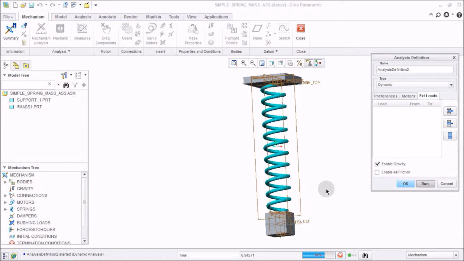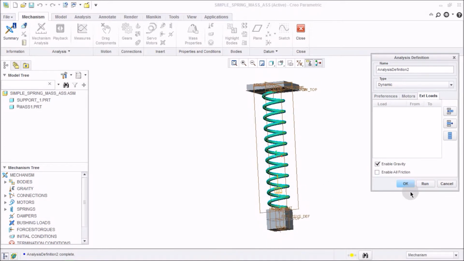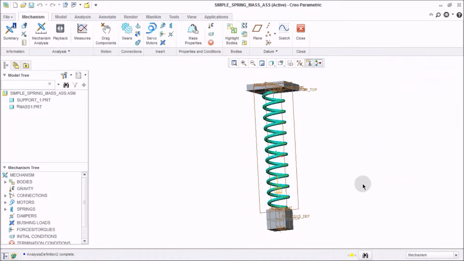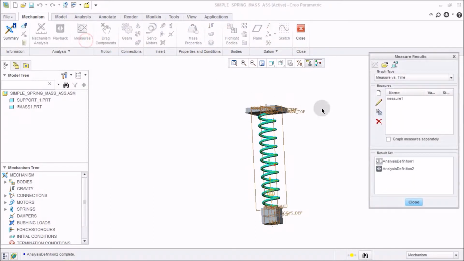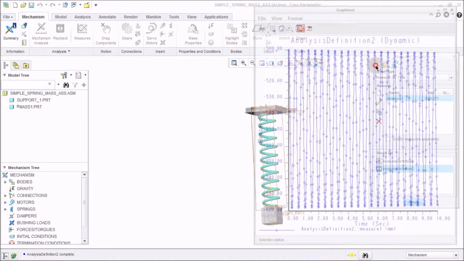Right now we are doing the analysis for only 10 seconds. Now see how the behavior of this system is. For this select the measure, select analysis definition 2, and select this measure and plot the graph.